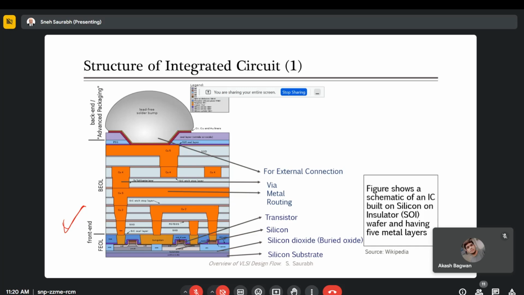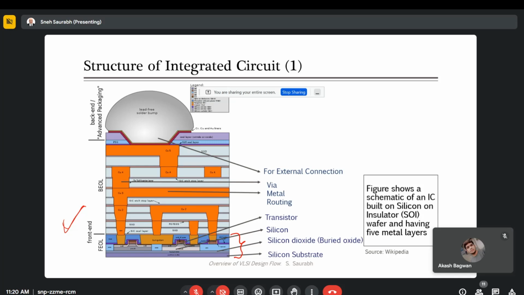In it, we can identify two different types of layers. At the bottom, we have device layers, where we have the MOSFETs, transistors, FinFETs, and those kinds of things. The device layers are the layers where we have the devices like transistors, capacitors, and so on, which we want in our integrated circuit.